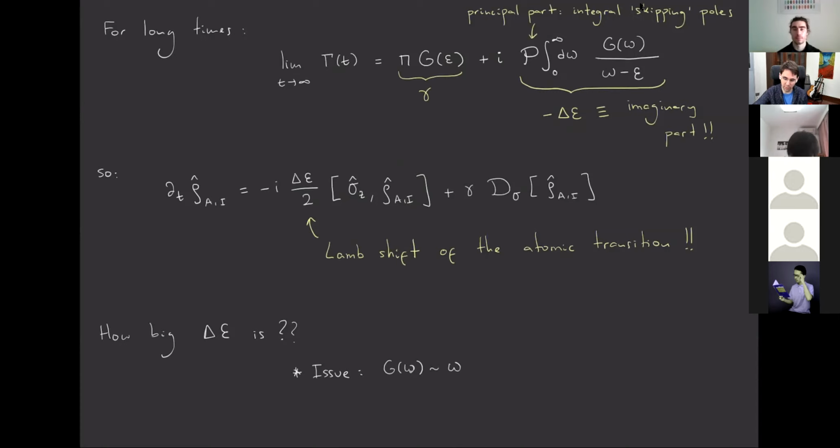So then if you come to this expression for the Lamb shift and you put omega here, then you see that you have a divergence. Because the denominator is omega, the numerator is omega, and then you have an integration from 0 to infinity. So then you have what we usually call a logarithmic divergence, and we will see it explicitly in a second. So this means that in principle, this diverges.